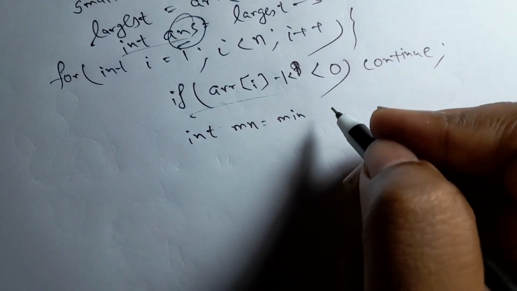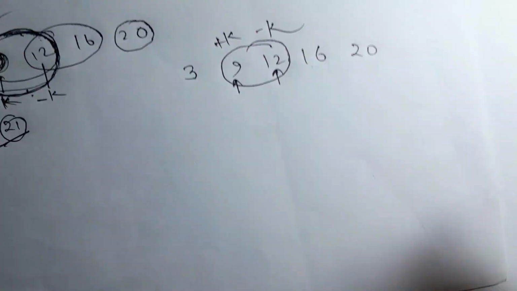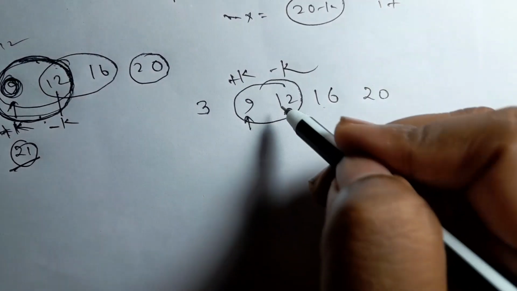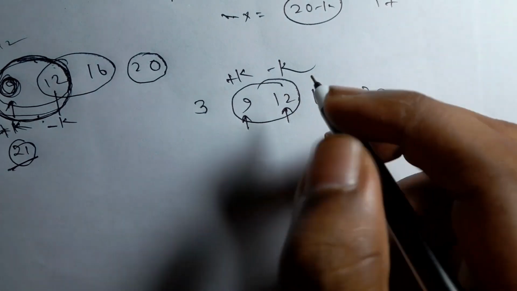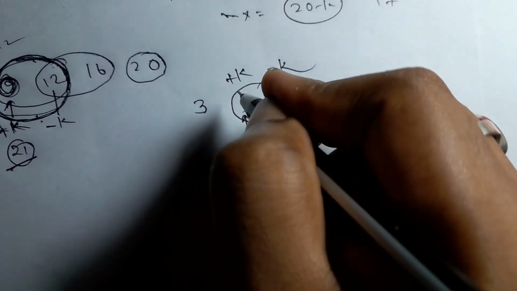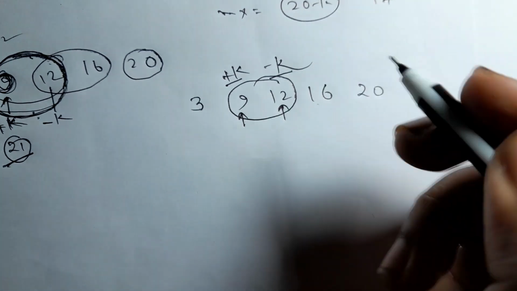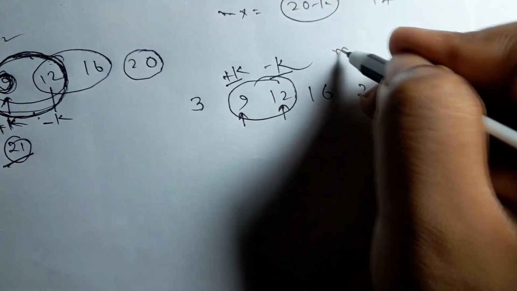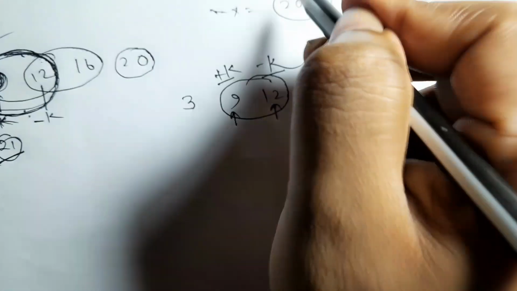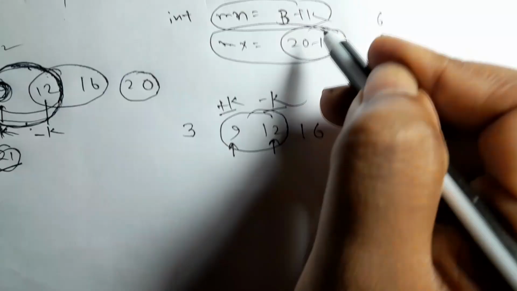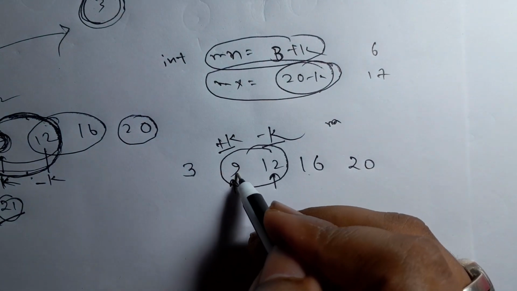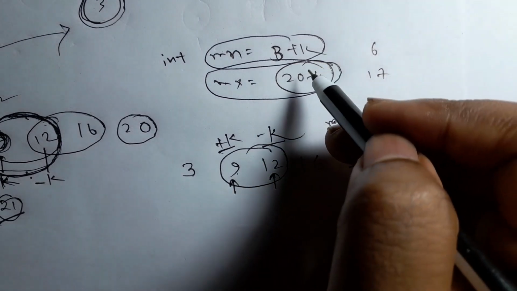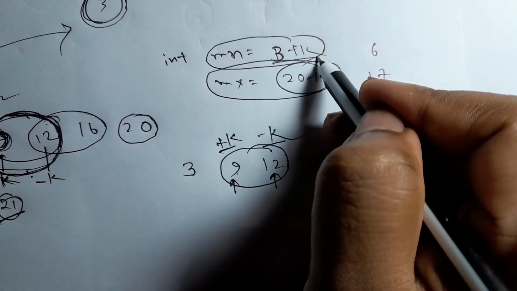Minimum of, okay, one thing you have to notice what I have said. When we are going to plus k or minus k, we have to keep track which is mean and which is max. So if we plus k, then our max can be changed.